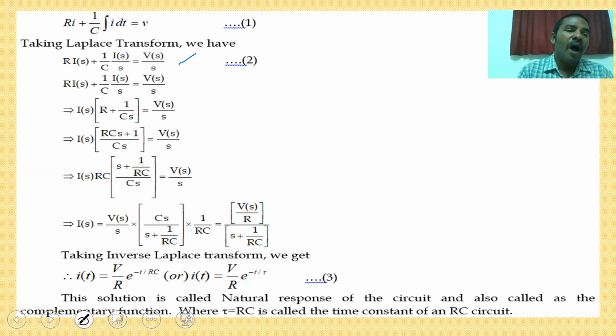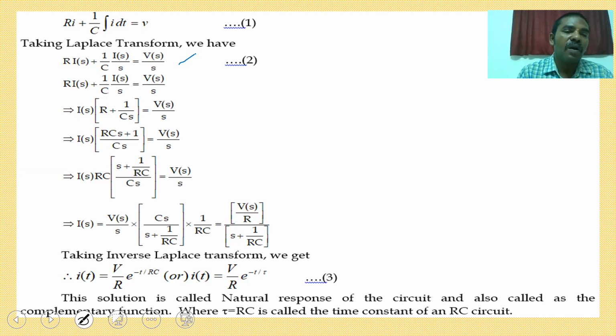For a step response, you have to go for V of S by S. So R into I of S plus 1 by CS into I of S is equal to V of S by S. Now I am taking I of S as common: R plus 1 by CS.